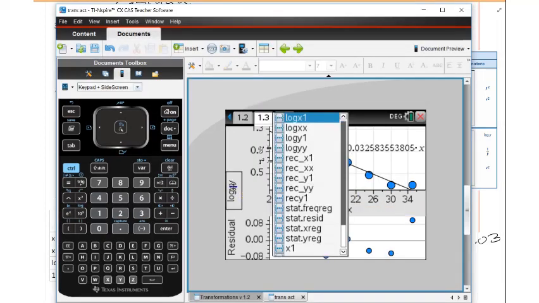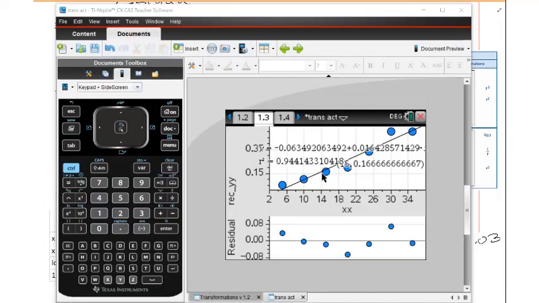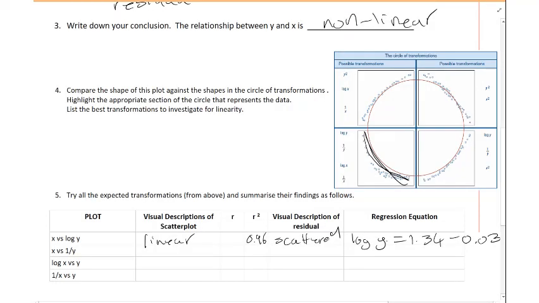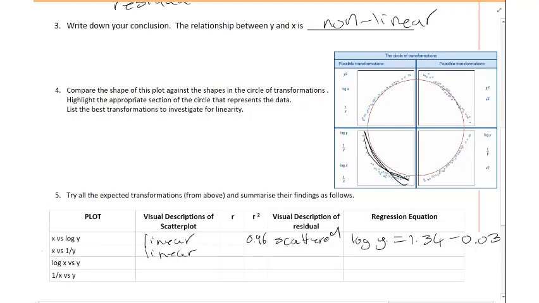We're going to go here, so that was reciprocal y. Again, what you're looking at here is residual. It's going to be scattered. And from looking at that, that's linear. This was, I think, 0.94.